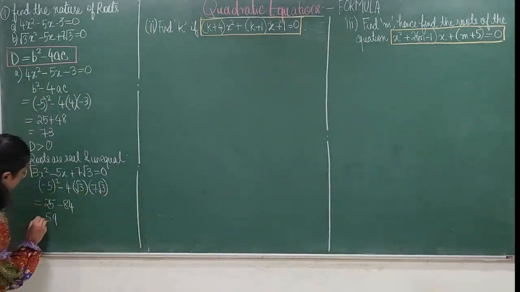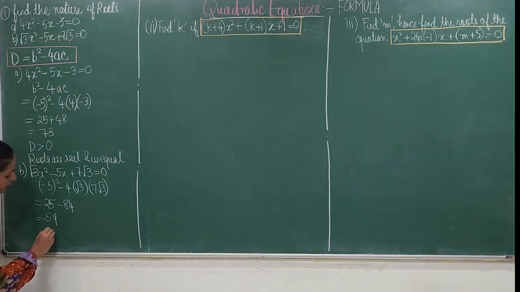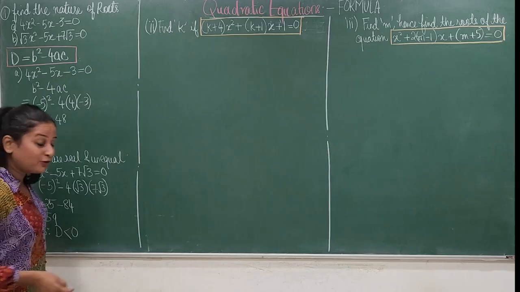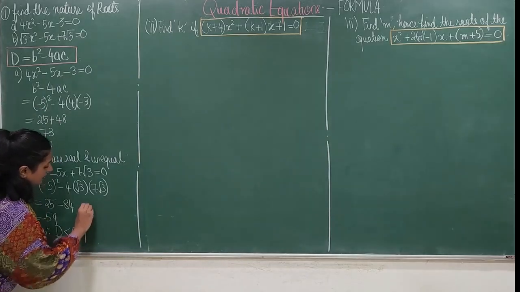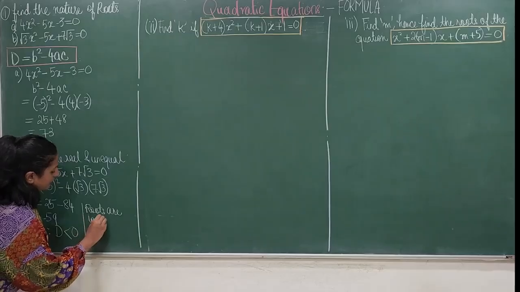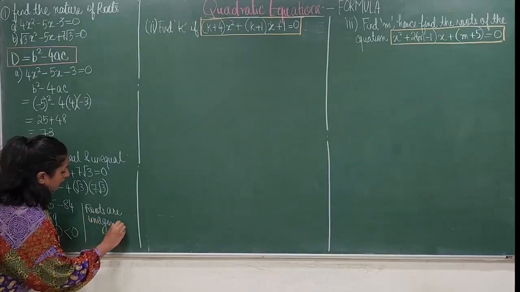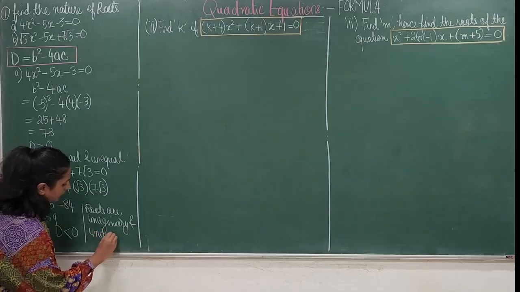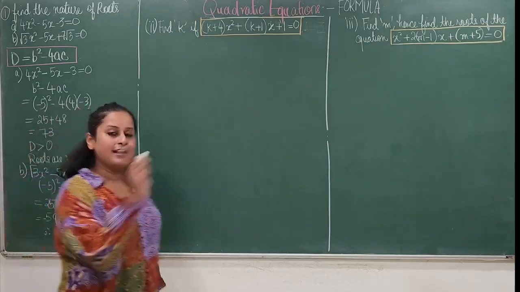So your final answer is minus 59 and therefore the discriminant is less than 0. So what do we tell about the roots? Roots are imaginary and unequal.